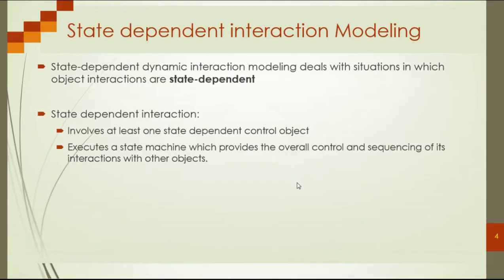Previously, we talked about something we call the stateless dependent interaction model, and today we have the state dependent one. In the stateless dependent interaction model, we built a model to show the interaction between the objects of the system.